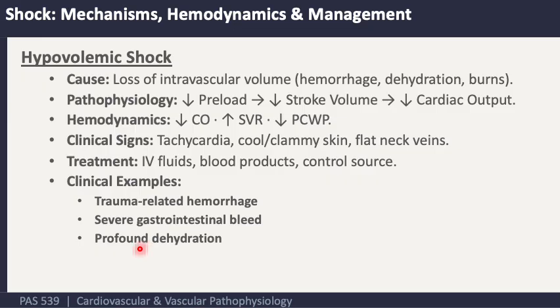And then the third one could be profound dehydration from like nausea, vomiting. Norovirus can do this, cholera can do it. Giardia, not so much, but norovirus can do it.